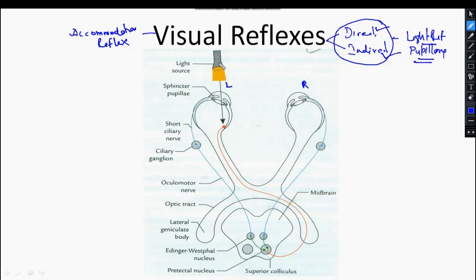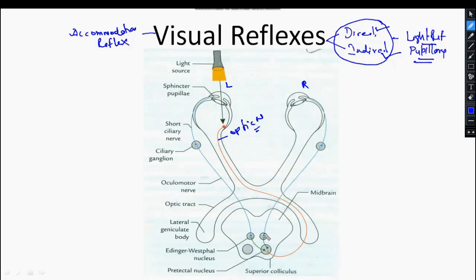Please see how it happens. Say here the light is shone, through this optic nerve. Here this is the optic nerve. The impulse travels this way and comes to this side, and on this side, that is contralateral, it comes to the pretectal nucleus. So from the pretectal nucleus, the impulse goes to the Edinger-Westphal nucleus of both sides.